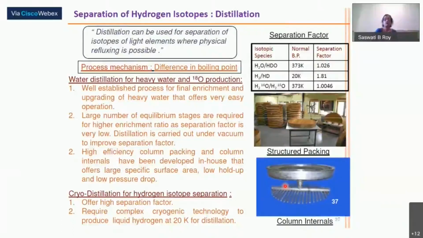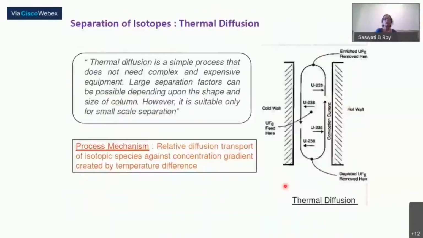So these are a few processes for hydrogen isotope or D2O separations. It is a simple distillation one. And for heavier isotopes, we could see that thermal diffusion is a simple process that does not need complex and expensive equipment. Large separation factors can be possible depending upon the shape and size of the column. However, it is suitable only for small scale operations.